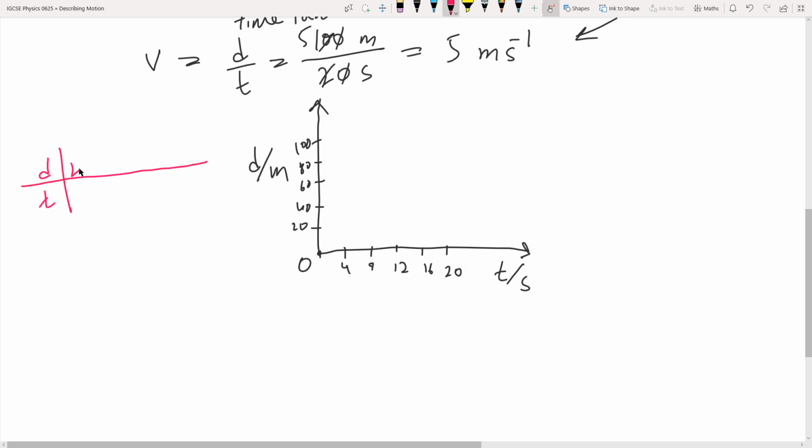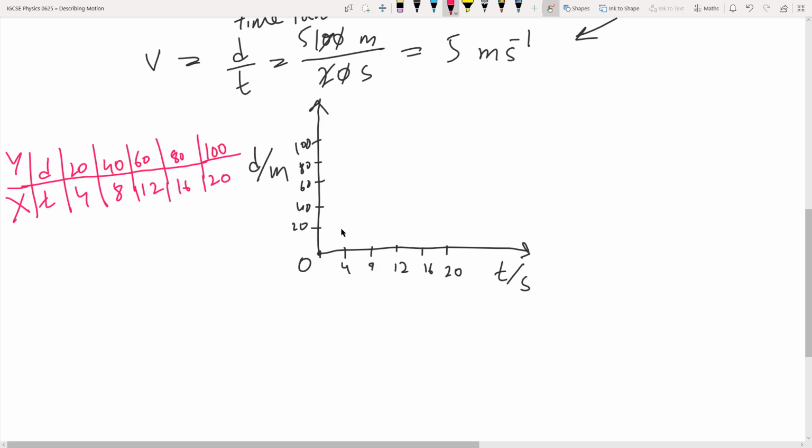We get 20, 40, then 60, 80 and 100, right? And for this, the times were also elapsed at 4, 8, 12, 16, and 20. So consider this as the y-axis and this as the x-axis of the chart, right?